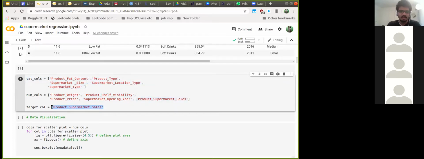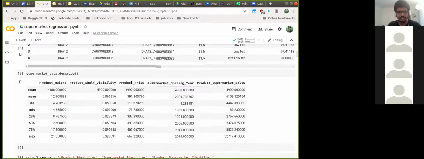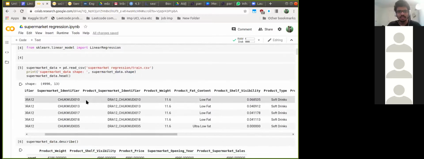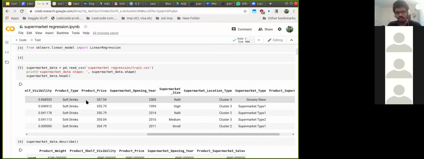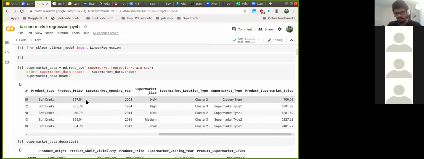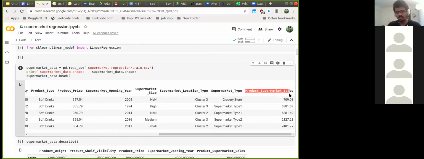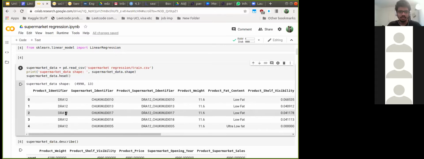And product supermarket sales is a target variable, something we need to predict, right? So the problem itself is, given these features of the product, just predict the supermarket sales. It's the sales of the product, right? Okay, moving on.